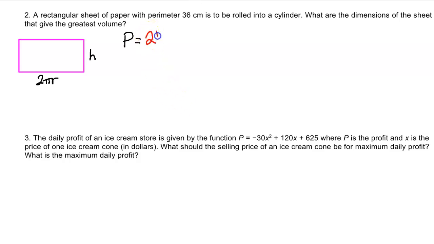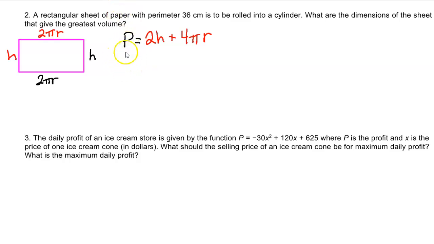2h, because there's an h here, there's an h here, and then 4 pi r, because there's 2 pi r here, and there's 2 pi r here. And we're told that the perimeter is 36 centimeters.